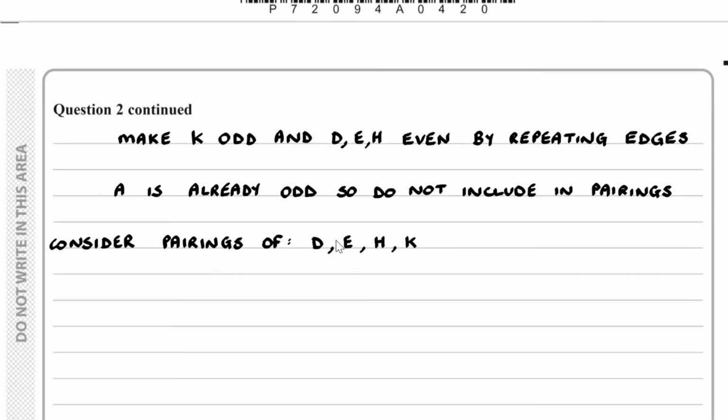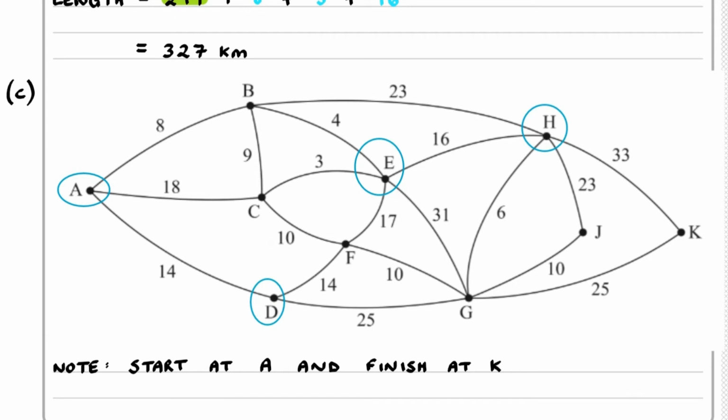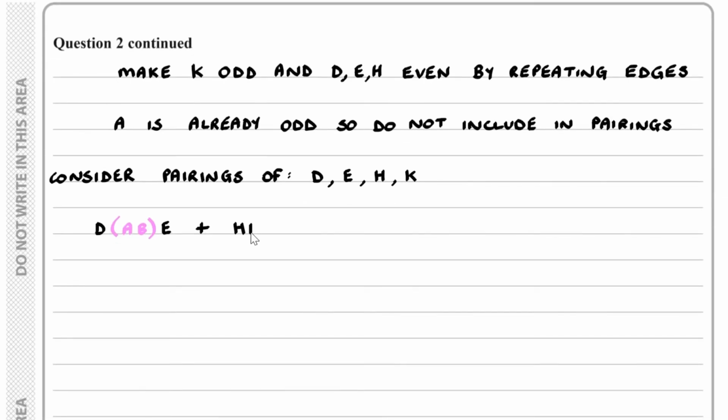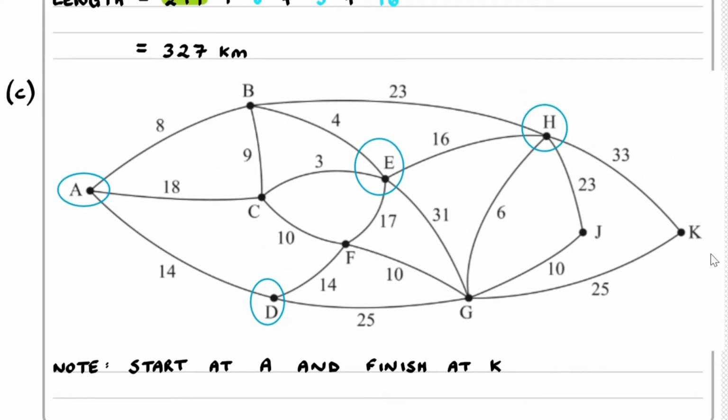well, if we consider first of all D, E, I need to start at D, I need to finish at E. So from D to E, we can go from D to A, then to B, then to E. So to go from D to E, we need to go via A, B, and then we end up at E. So we've done D and E, now we need to go from H to K. So for us to go from H to K, well, H to K, we could go directly.